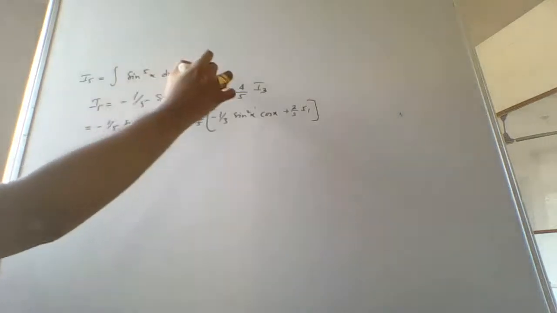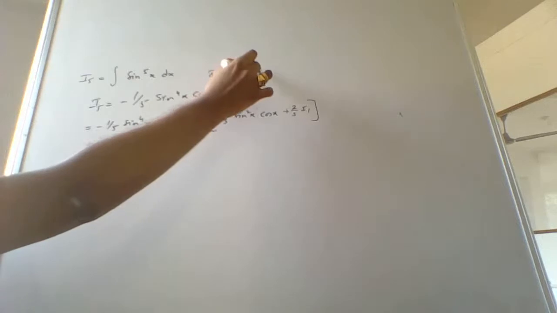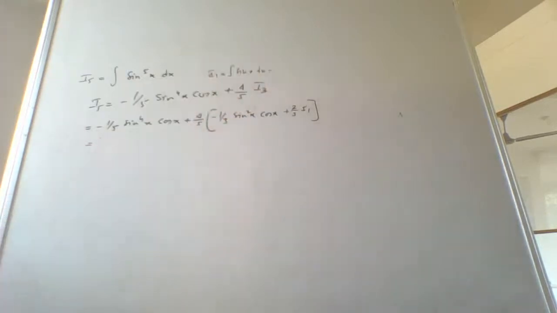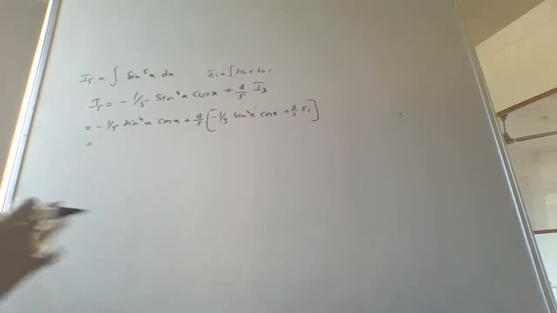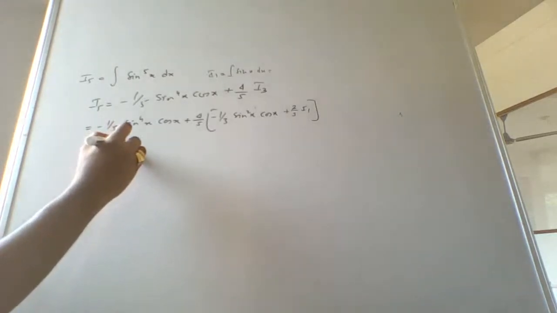So I1 would be just the integral of sin x dx. When we simplify this, I get this result as 1 by 15.